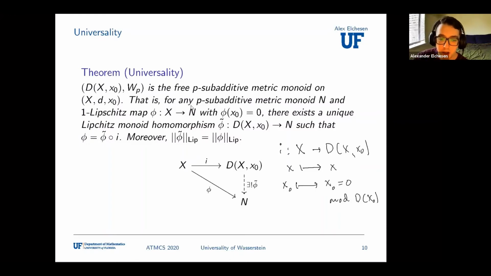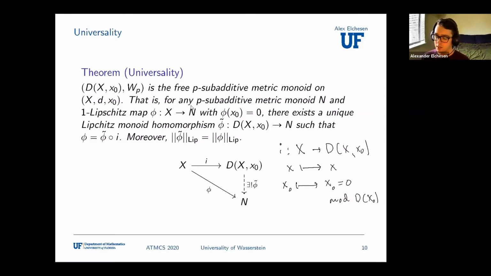By phi, X naught gets sent to 0, by I, and then phi tilde is a monoid homomorphism, which is required to send 0 to 0. So everything's base point preserving, Lipschitz, and phi tilde is a monoid homomorphism as well. And moreover, the Lipschitz norm of phi is preserved.